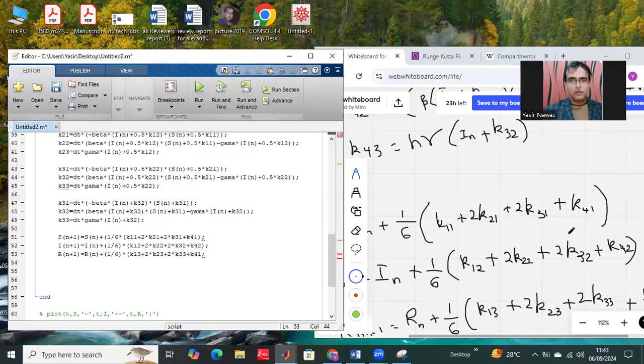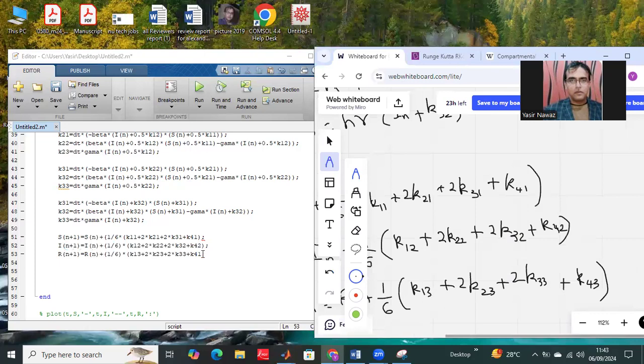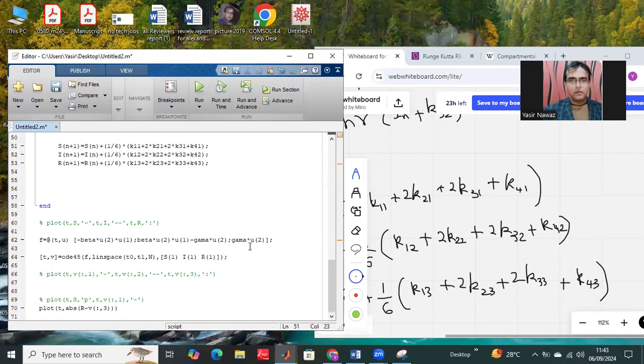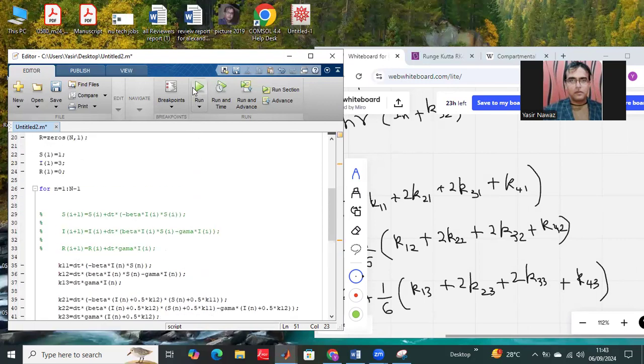So the last component, K4. Now I'll put the code and see what happens.